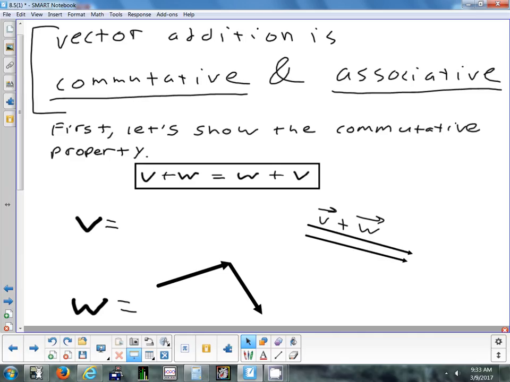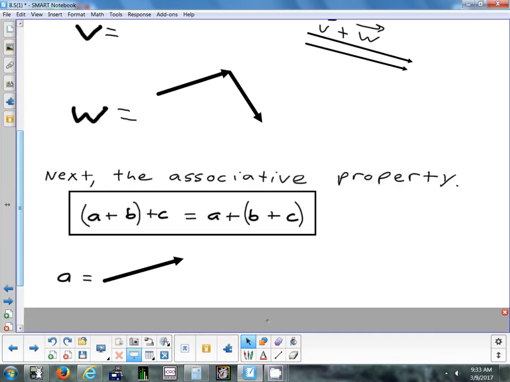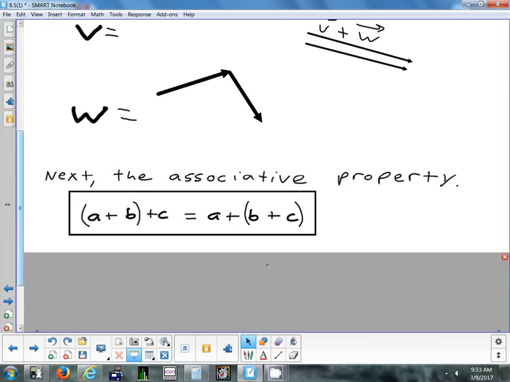Okay, so what I'm basically just showing you there is V plus W is the same as W plus V. So the order you add vectors in, it doesn't make a difference. And vector addition is also associative. I'm not going to go through and show this one, but associative is basically the idea of I could add A and B first and then add C onto the end of it.